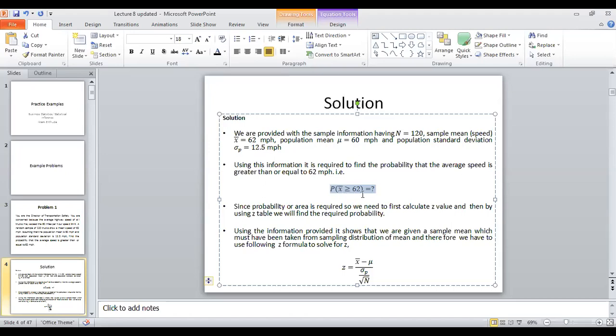This indicates that we need to convert this x bar into a z value, and the formula to convert x bar into z is x bar minus mu upon sigma p upon root n, right? So we have to be careful when we are using the z formula. This z formula would be used over here. Using this information, we are given a sample mean, which must have been taken from the sampling distribution of the mean, and therefore we have to use the following z formula to solve for z, and this is the z formula that we have to use.